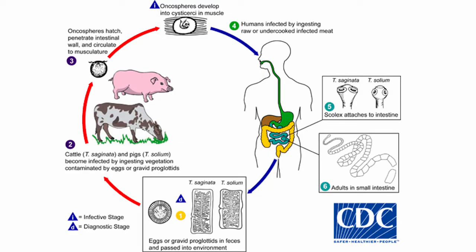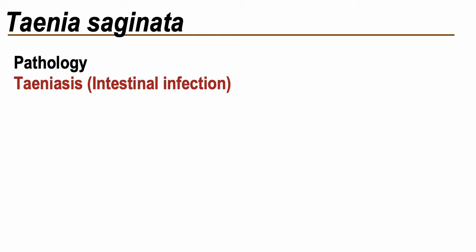So the life cycle of Taenia saginata is similar to the taeniasis of Taenia solium. This is acquired via the ingestion of the infective stage Cysticercus bovis. Since in the life cycle of Taenia saginata, humans act only as the definitive host but not the intermediate host, infection of this parasite is only related to the adult forms of the parasite, hence intestinal infection, or what we call taeniasis.